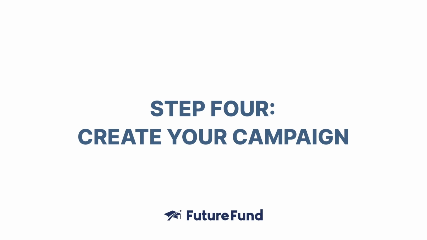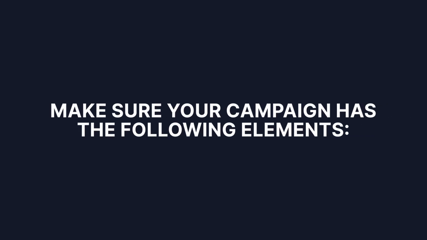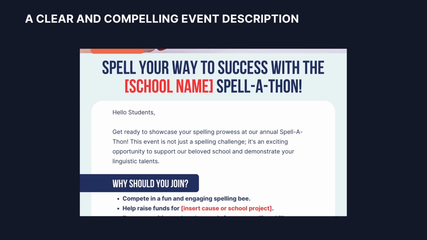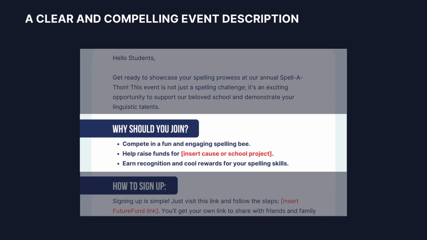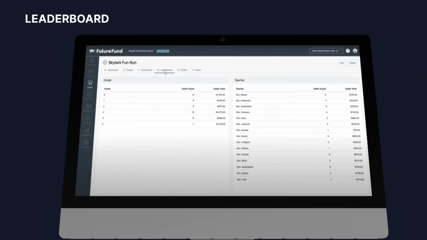Step 4. Create your Spell-a-Thon's campaign. Make sure your campaign has the following elements: a clear and compelling event description and rules, including what the money raised will go towards and what the incentives will be for participating students. A leaderboard that shows the grades and teachers for each participating class, along with how much each has raised.